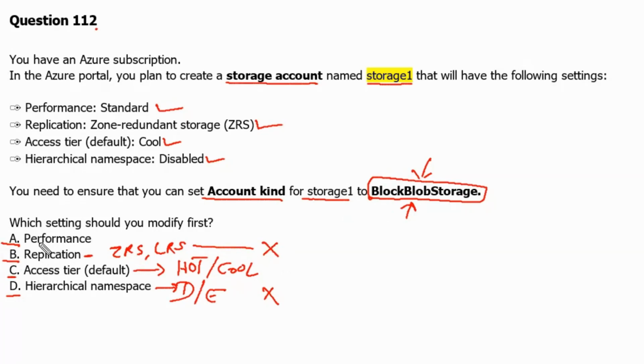Option A, the performance. Option A is selected standard. With the blob storage, we cannot have performance standard.